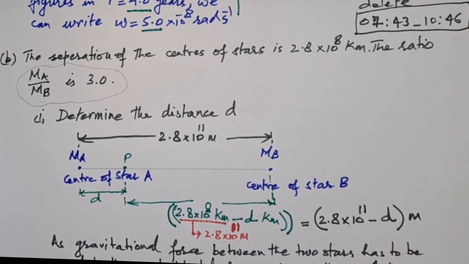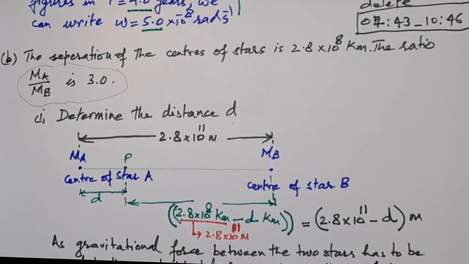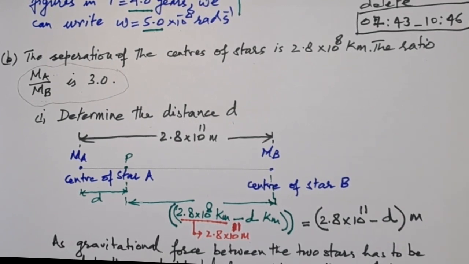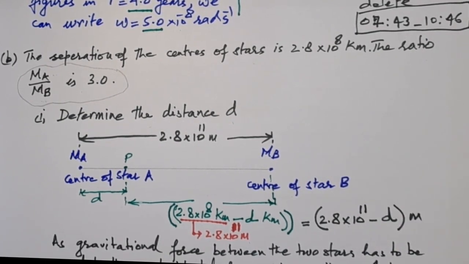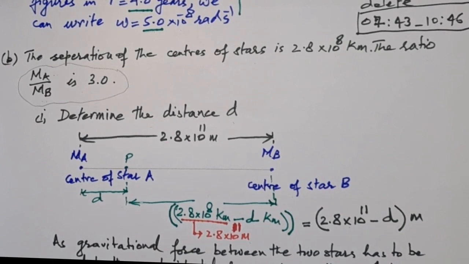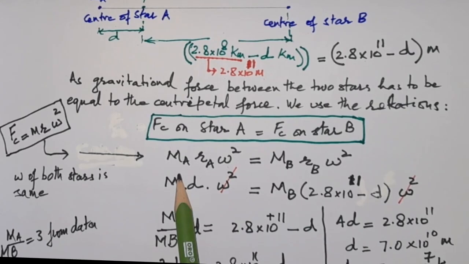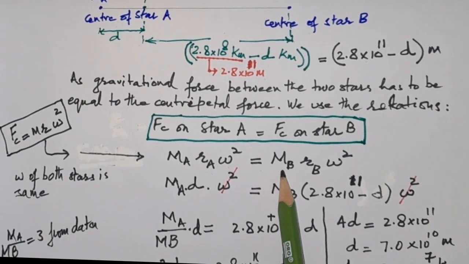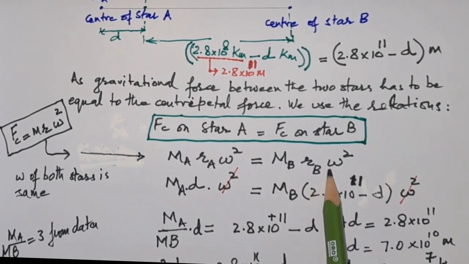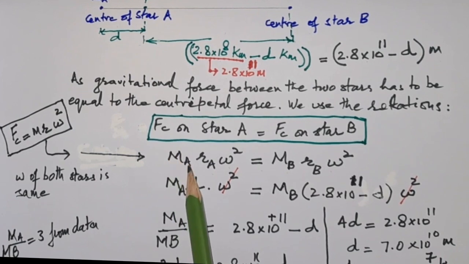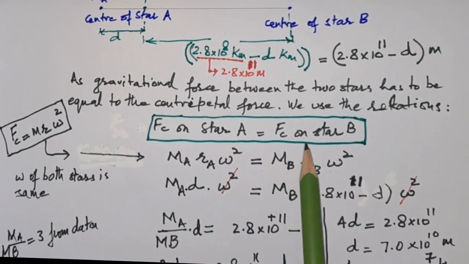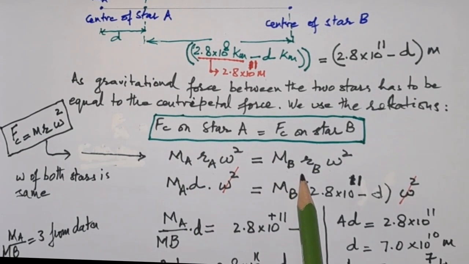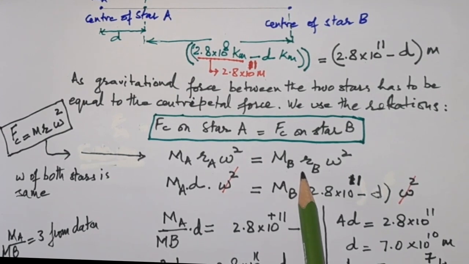Then we know that the centripetal force on star A is equal to the centripetal force on star B, which is MA RA omega squared equal to MB RB omega squared. These are equal because we have already said that in part A, part 1.